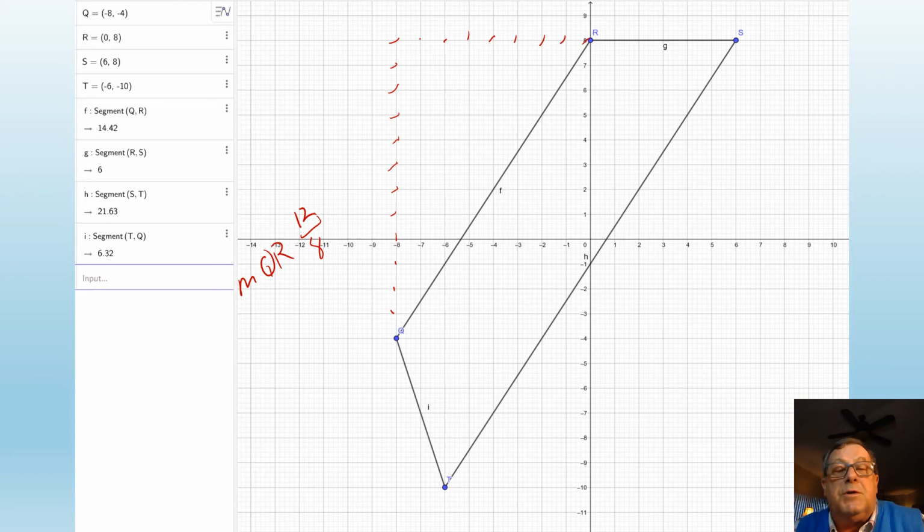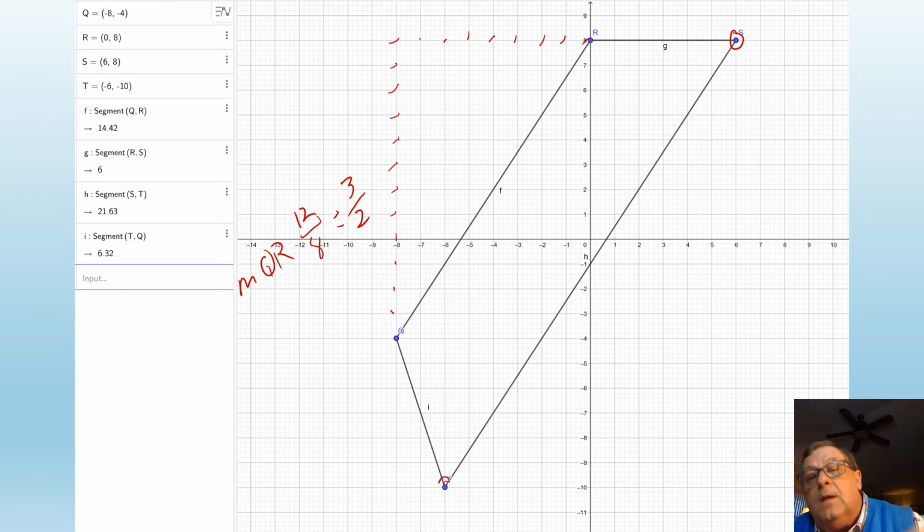Let's reduce this. They're both divisible by 4. So we got a slope of 3/2.